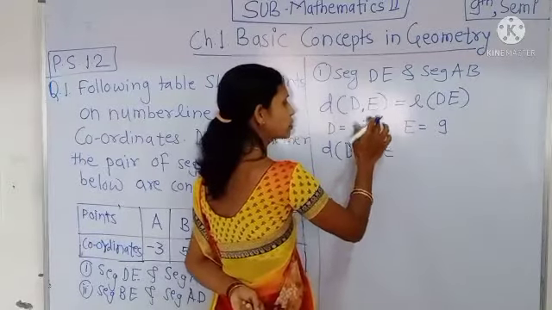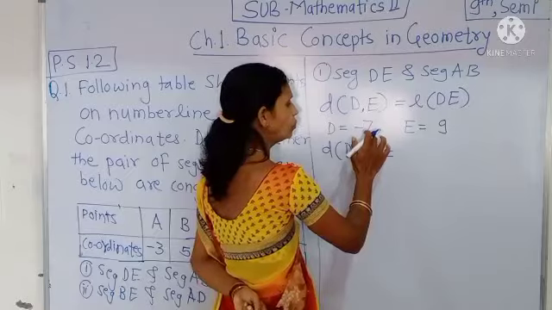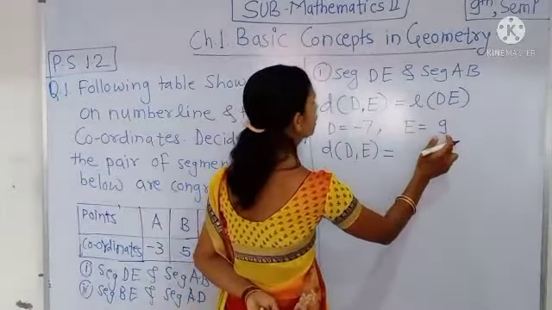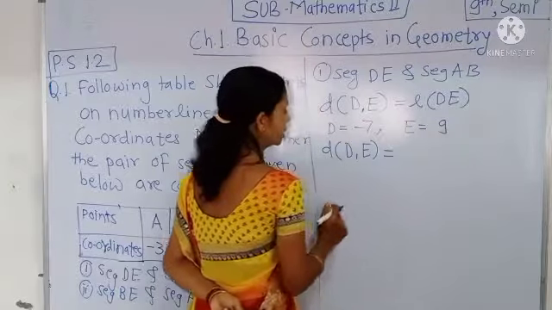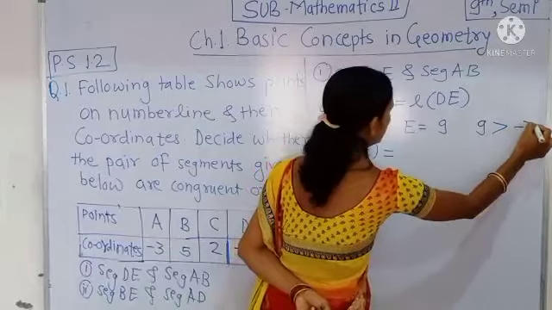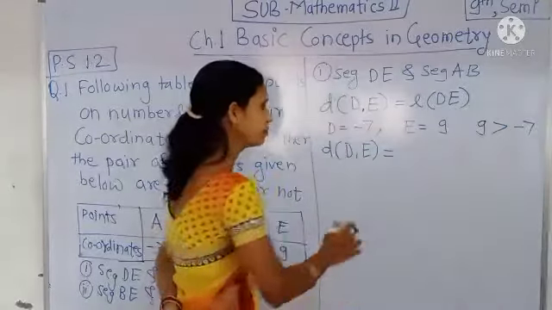Then for the distance DE, we have to subtract the smaller coordinate from the bigger coordinate. Here 9 is bigger than -7.